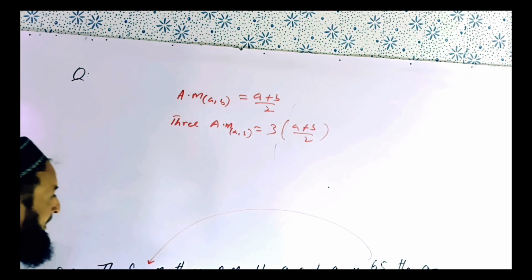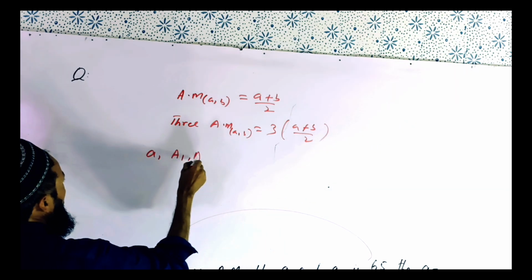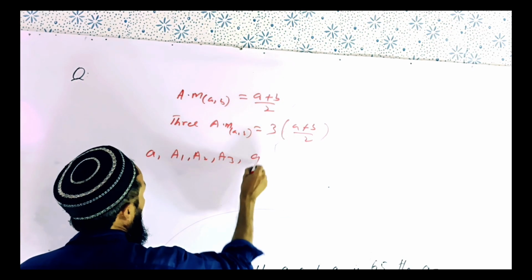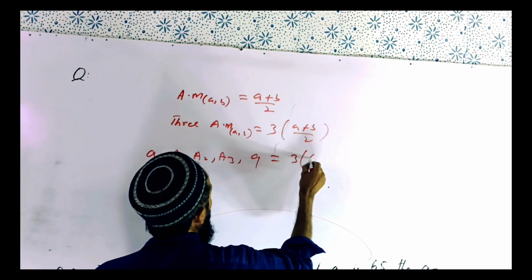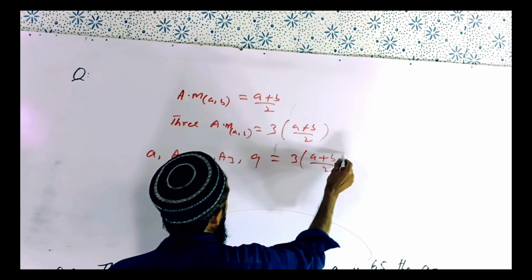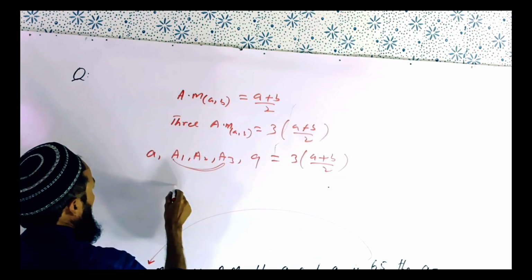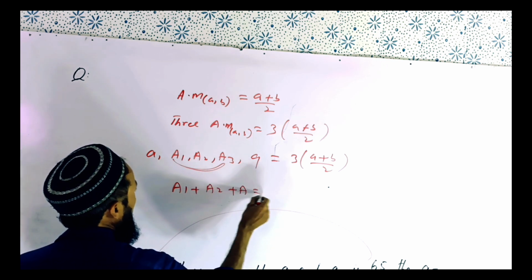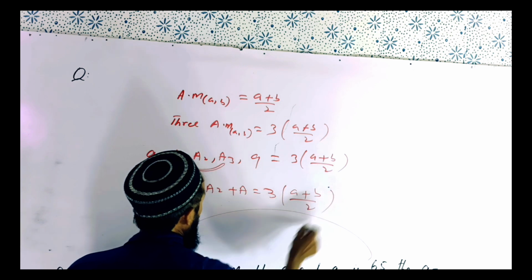If we write the arithmetic progression a1, a2, a3, then the sum a1 + a2 + a3 is equal to 3 times (a + b)/2, according to the question.